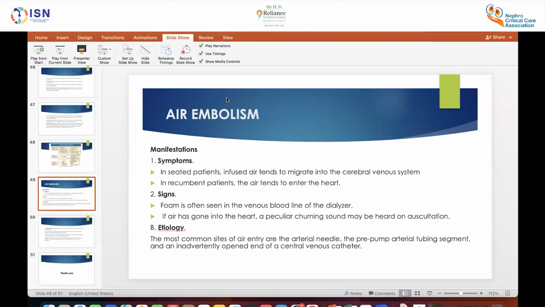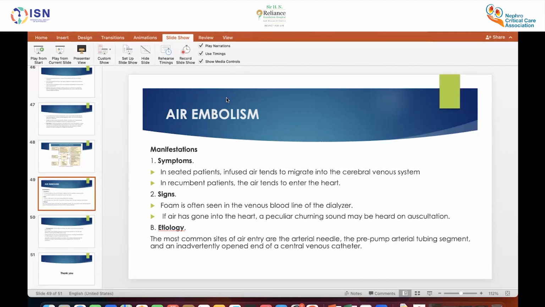So that is the commonest thing we have seen. It is a practical thing which I have seen. Opening of the central venous catheter is rare, unless you have not properly put the Luer lock connection of the arterial and venous end.